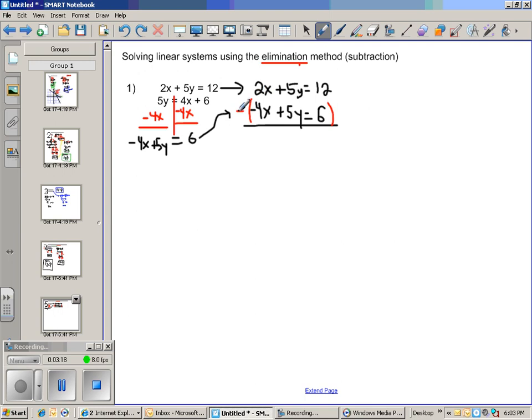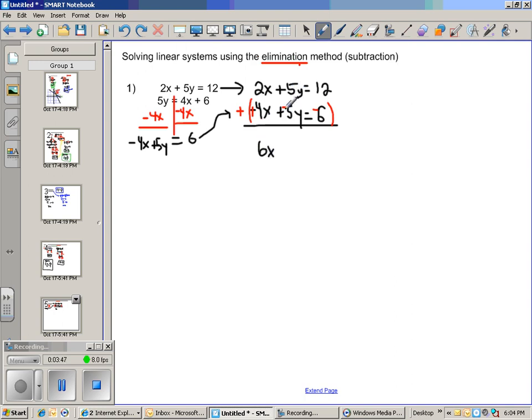So if I have 2x minus 4x, that really becomes a positive. So if I change this to addition, I'm going to change the sign of every term inside of this parentheses, including that negative 6. Now once we've done that, you have 2x, and this is now plus 4x, that becomes 6x.